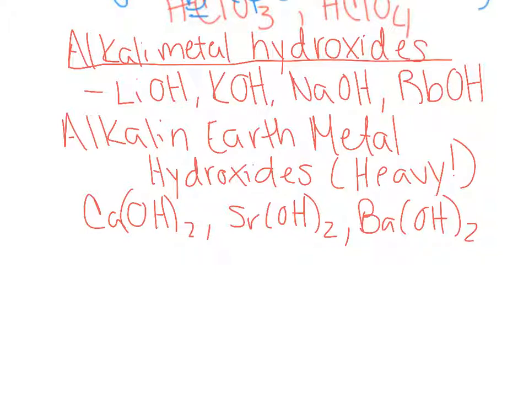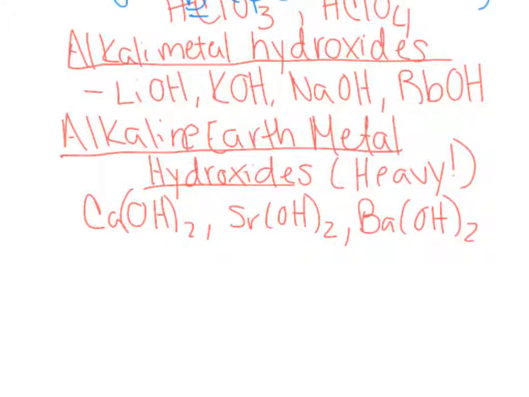The other rule is alkaline earth metal hydroxides, but only the heavy ones. Anything heavier than calcium, so calcium, strontium, barium. Those are the ones that are most used as our strong bases. These are the ones that dissociate completely into hydroxide ions.